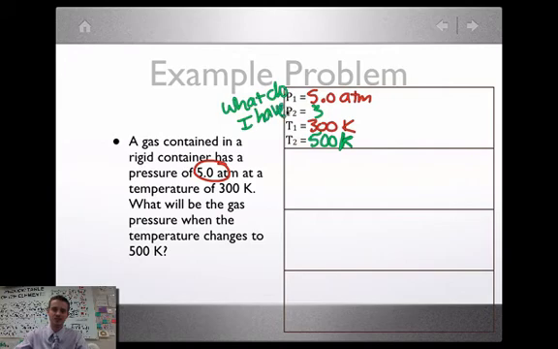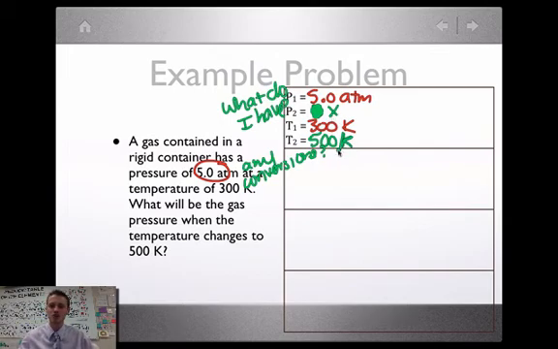Now we ask ourselves, do I have any conversions? Oh, look here, we have Christmas colors. That's kind of weird. Do I have any conversions? My pressures are in atmospheres, so I don't need to change that.